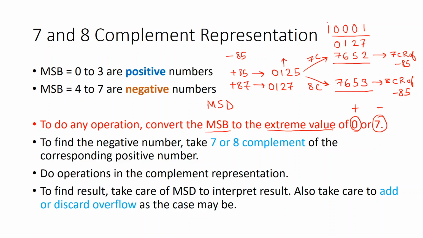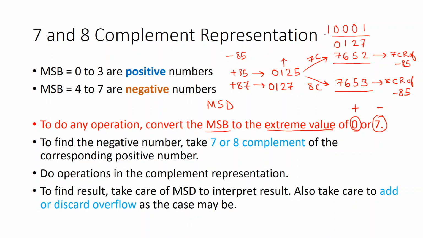What you get here, you get an overflow. So the overflow you will discard, since you are working in 4-digit number. So the overflow, so you are not discarding the overflow. Please don't make a mistake like I am doing. You are working in sevens complement representation. This is the diminished radix representation.